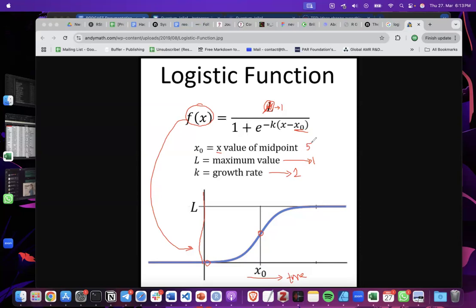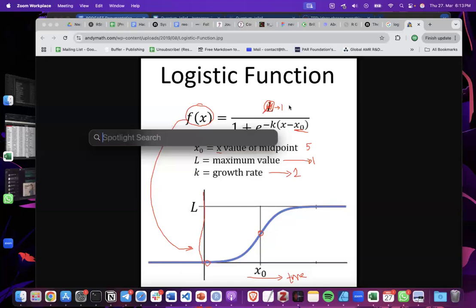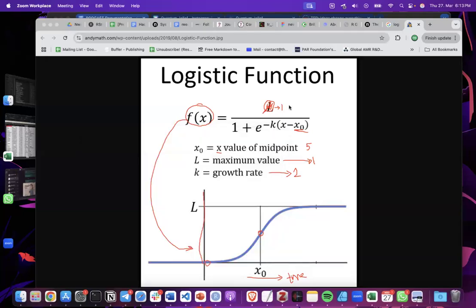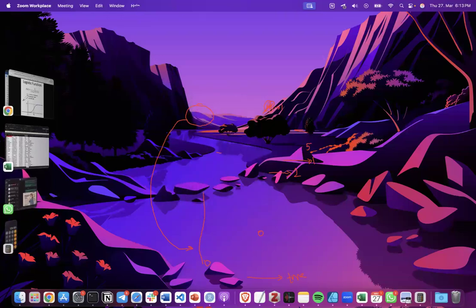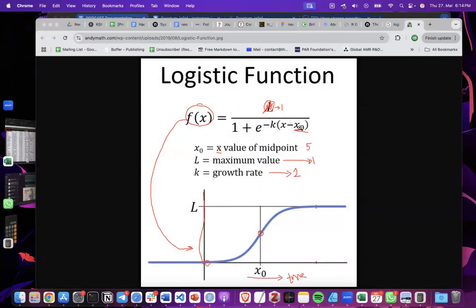So imagine that, do you have a calculator somewhere there? I think I have a calculator. It disappeared. I wanted both of them to be side by side. Okay.